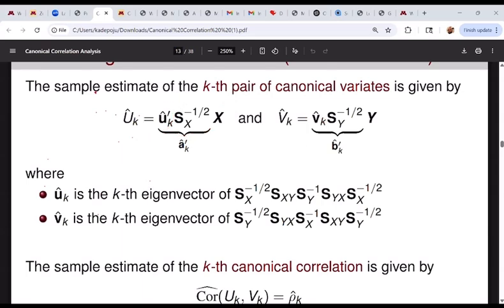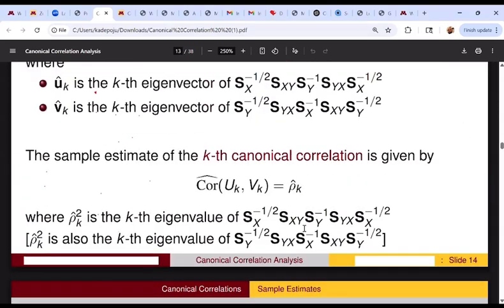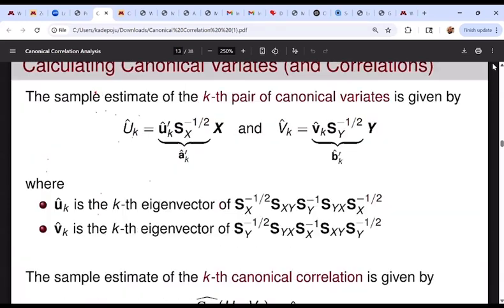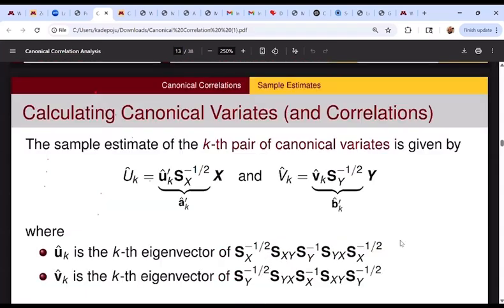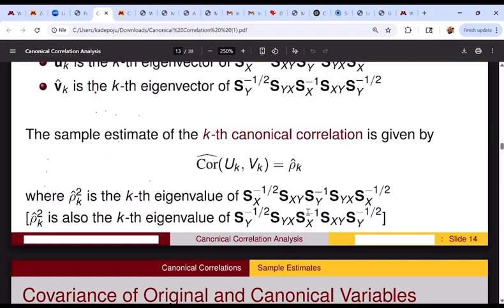I'm going to tell you why. The moment you get the eigenvalue of this guy, the eigenvalue of that guy is rho squared. And if I find the square root of that, I will get my canonical correlation. But if you want to go by eigenvector, if you find the eigenvector of this guy, you still need to multiply by this and this before you can get that, and you still need to go all the way to find the correlation. But that will be super easy when you find the eigenvalue for this guy.